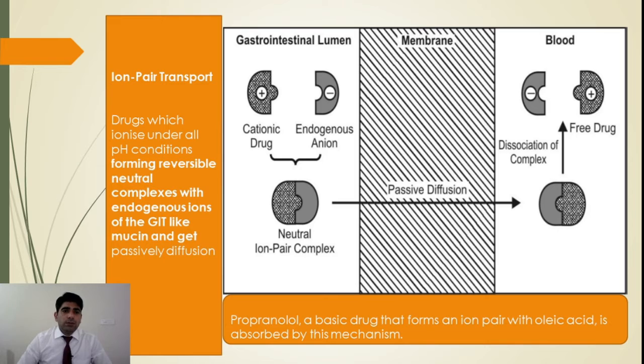So now we are coming to the ion pair transport. As you can see in the diagram, any drug which gets ionized at all pH, when it enters your stomach, will get ionized, and then the ionized part binds to the counter ion which is already available in your stomach, or is endogenous in nature, synthesized by the body and available at the site of absorption.